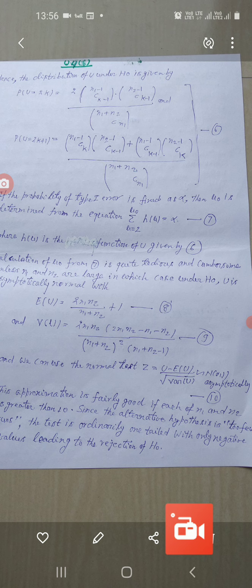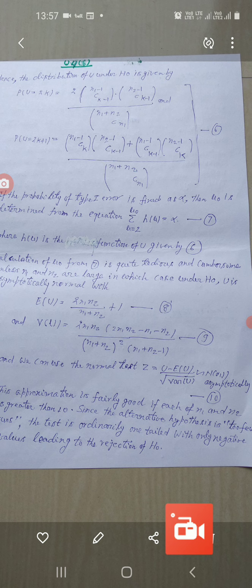Now, you know the type first error: if the hypothesis is true but we reject the null hypothesis, then it is called type first error.